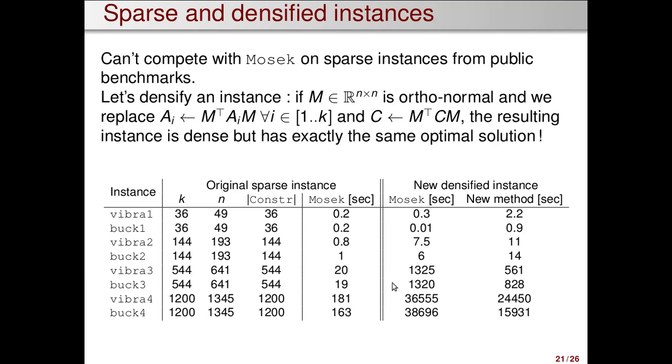And in this case, Mosek will jump from 3 minutes to 10 hours. So the power of sparsity is huge. And in this case, with the new method, I can compete with Mosek. Not to mention that an interior point method will give you nothing before the 10 hours are completed, while I can give feasible and dual feasible solutions even after whatever time you choose.